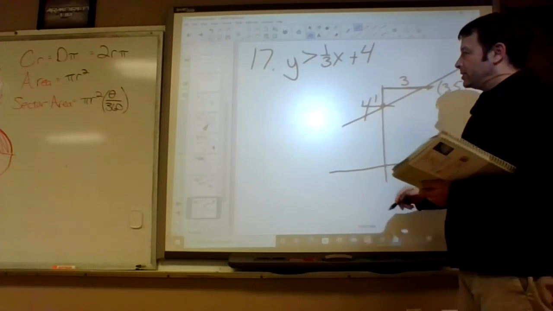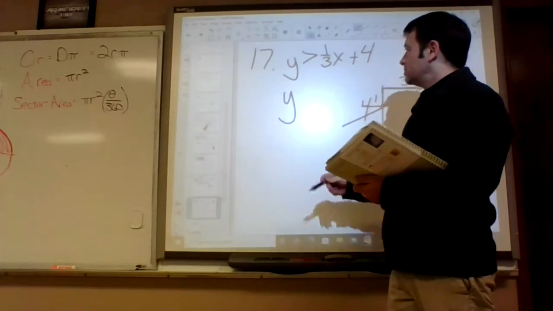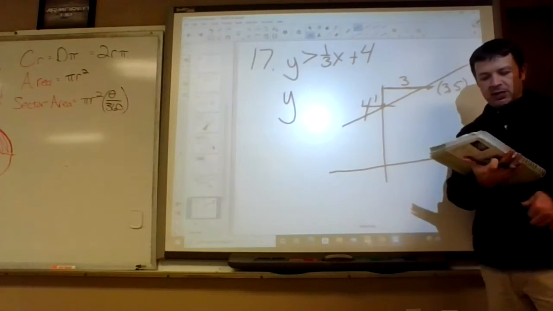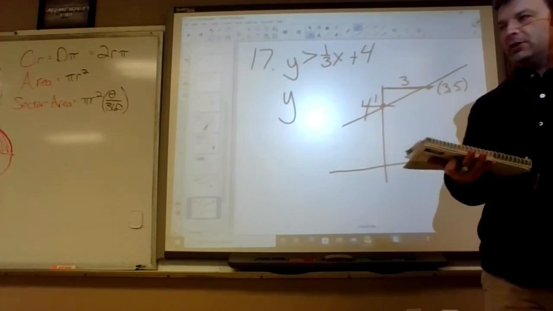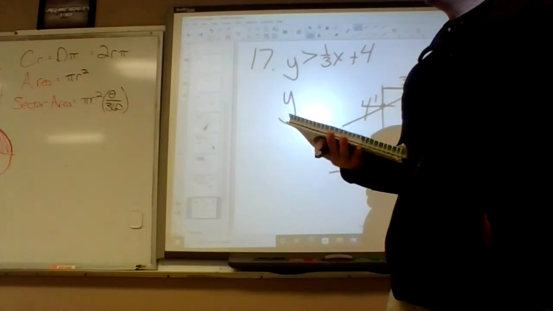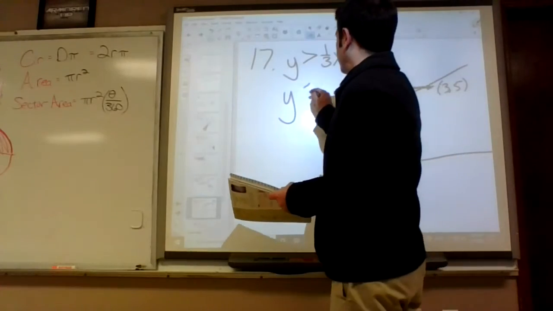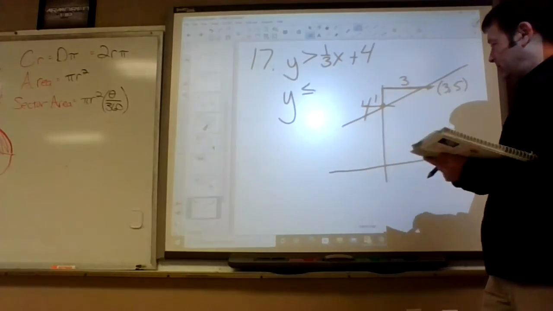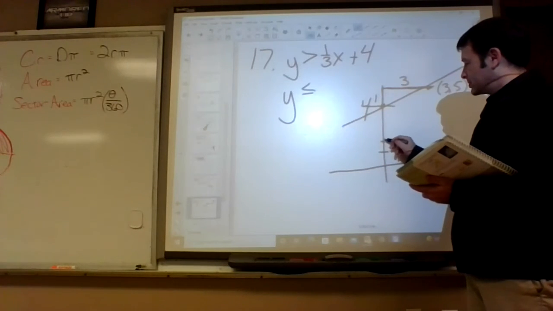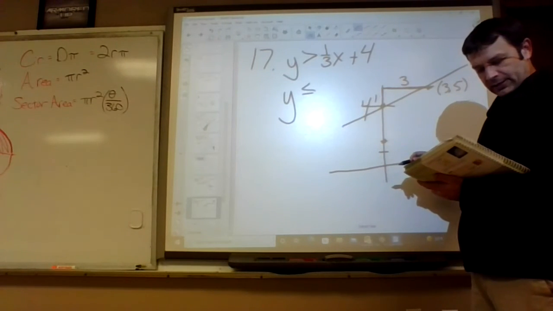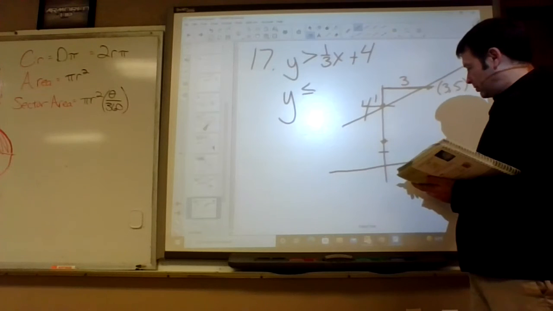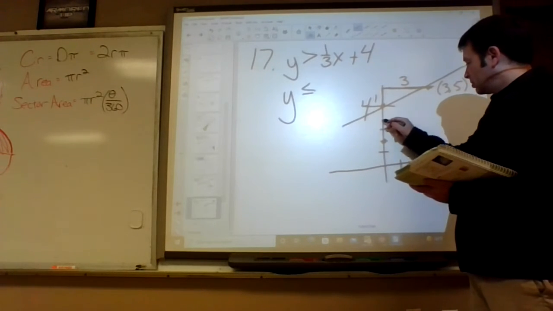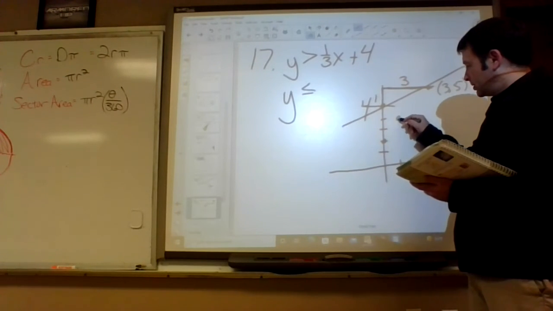And then the red one: its red line is solid and it's shaded below. So what's my symbol? Less than or equal to. And my slope, it looks like it's hitting at 0, 2 on the y-axis. And where else is it hitting? 1, 4. Like right there.